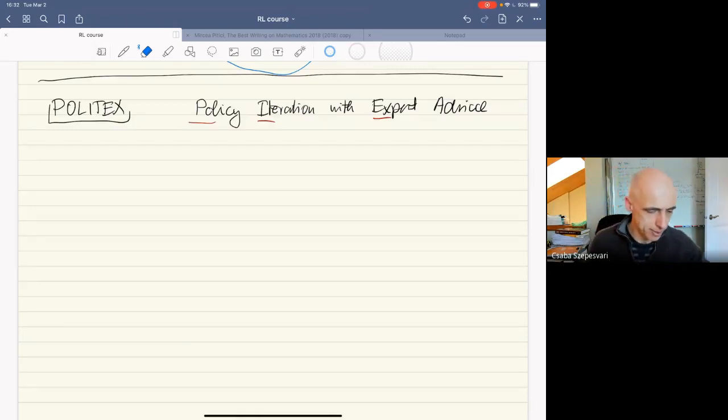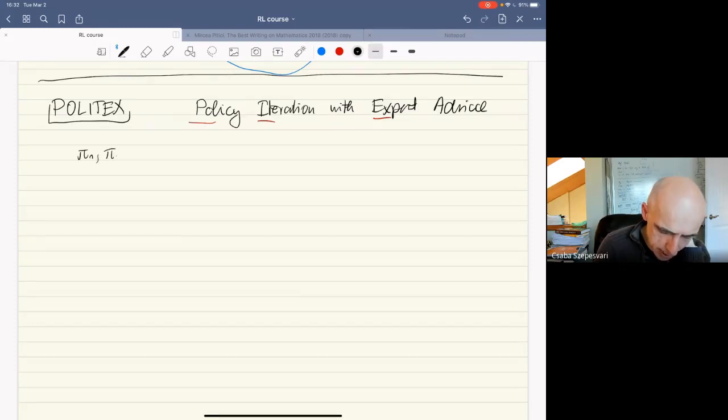Okay, so how does this work? This algorithm is going to produce a sequence of policies, like in policy iteration. But it's going to do it in a slightly different way. So you start with some policy, you get a second policy, and so on and so forth, and you have the nth policy.